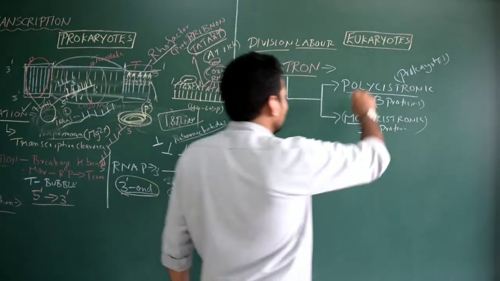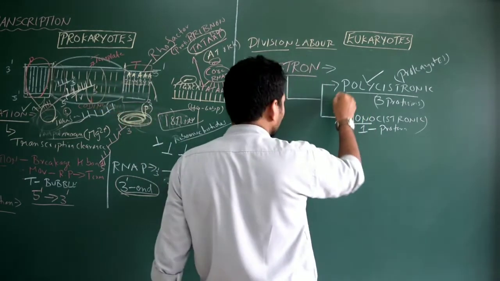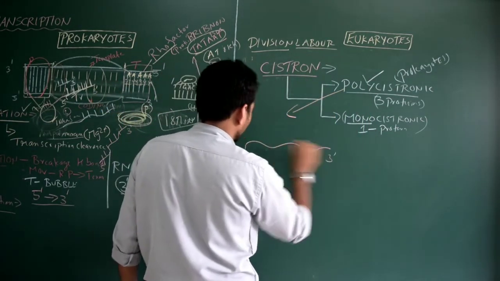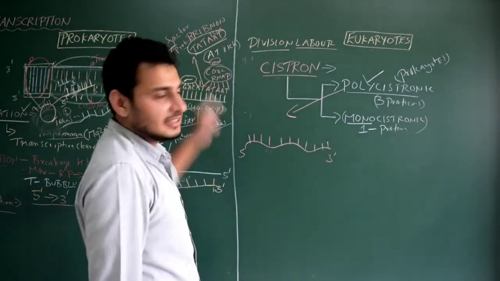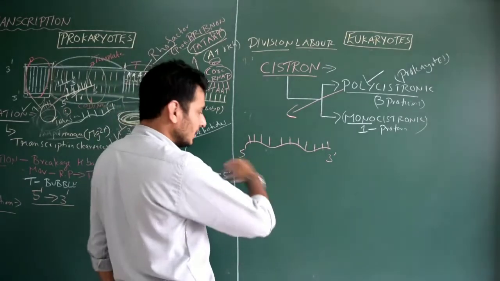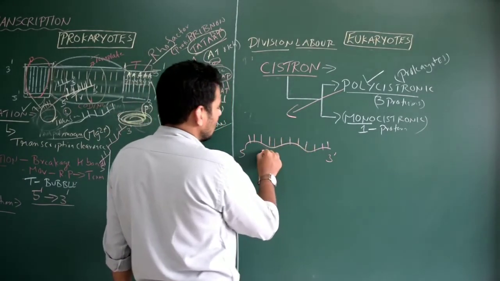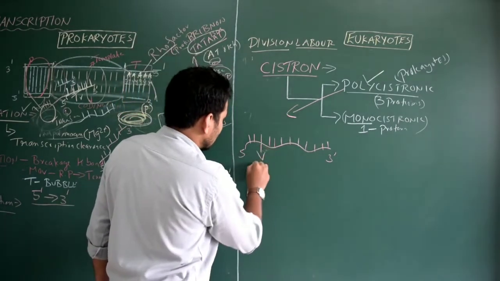Now again, in the polycistronic, whatever the mRNA which is now synthesized from the transcription process, I will just draw it. So this is the mRNA, 5 prime to 3 prime, and it has the sequences that are coded by the template strand of the DNA, correct? We know it. Whatever you see here is nothing but useful bases, so that this can produce a type of protein.